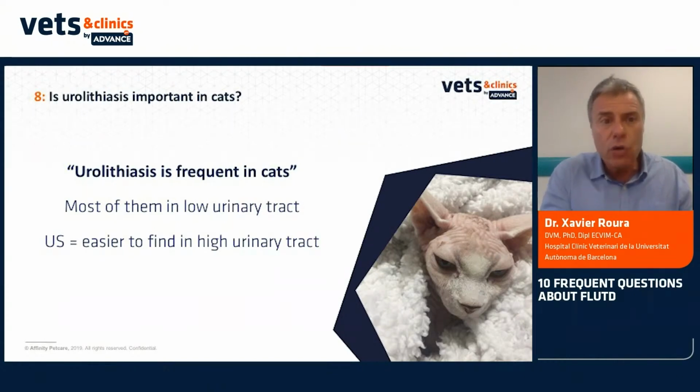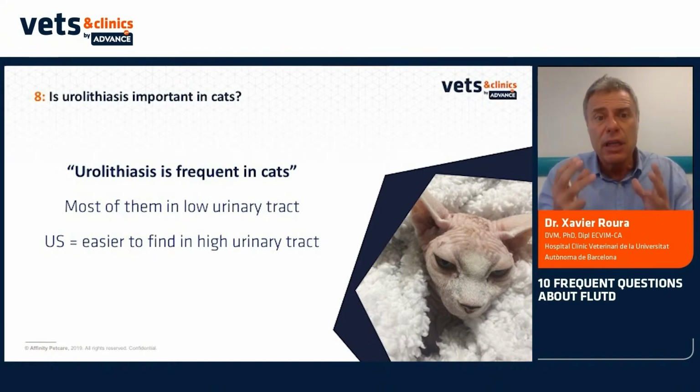And we need to include it in the differential diagnosis of hematuria, pollakiuria, stranguria, leaking in the perineal area, and other kinds of clinical signs associated with the lower urinary tract, because most of the uroliths are found in the lower urinary tract.